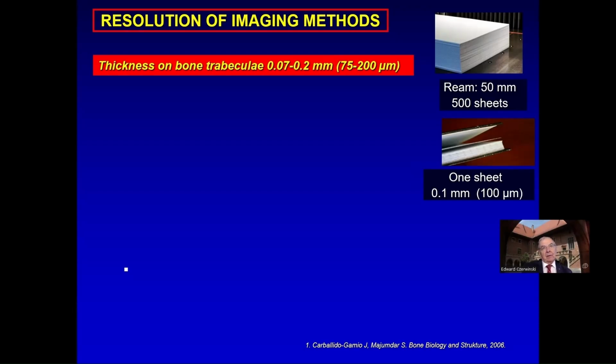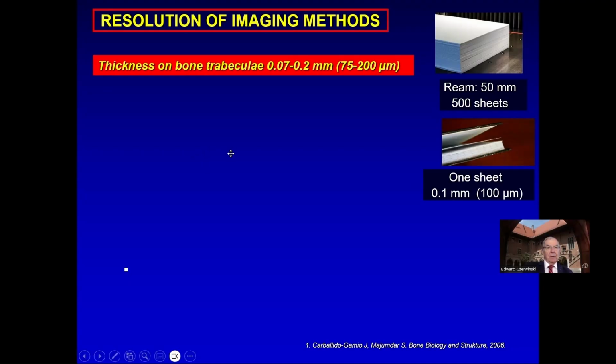The thickness of one trabecula is, say, 0.2 millimeters. For your imagination, a ream of paper is 500 sheets and 50 millimeters, so one sheet is 0.1 millimeter. So the trabecula is just about 1 paper sheet.